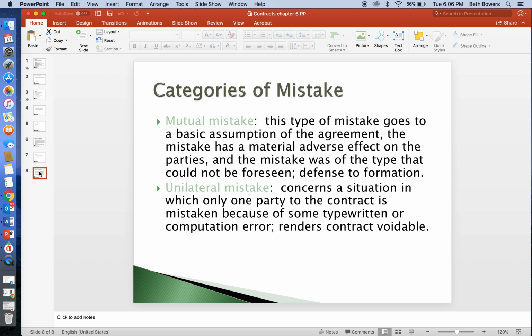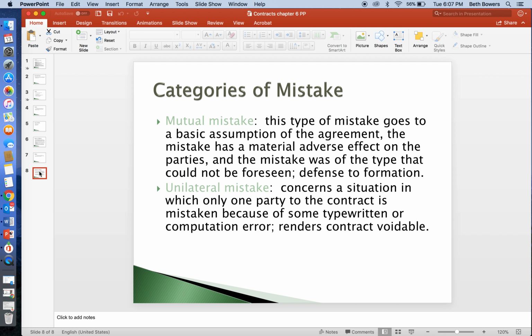So to contrast that, the example further down on page 134 is an example of a unilateral mistake. Arnold submits a contracting bid to Ace Incorporated for the construction of a warehouse. Arnold makes a mistake in computing his expenses, and the bid turns out to be $2,000 lower than it should be.